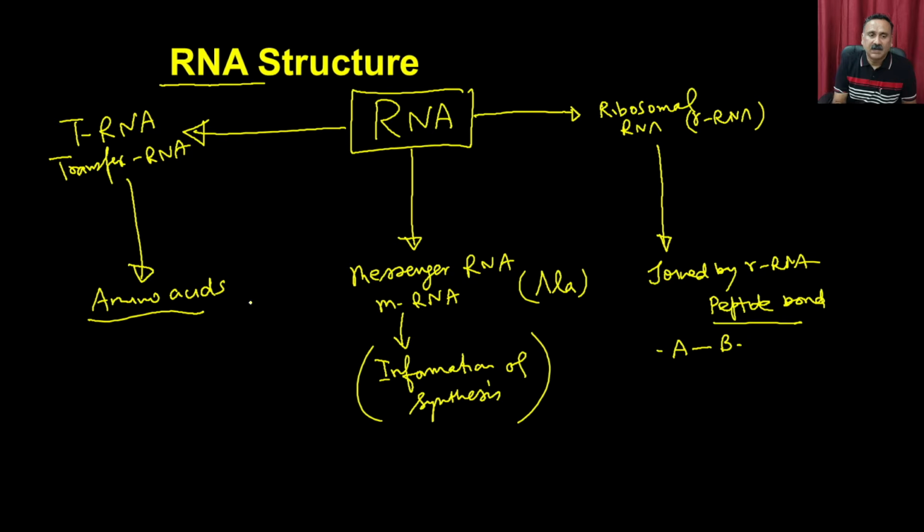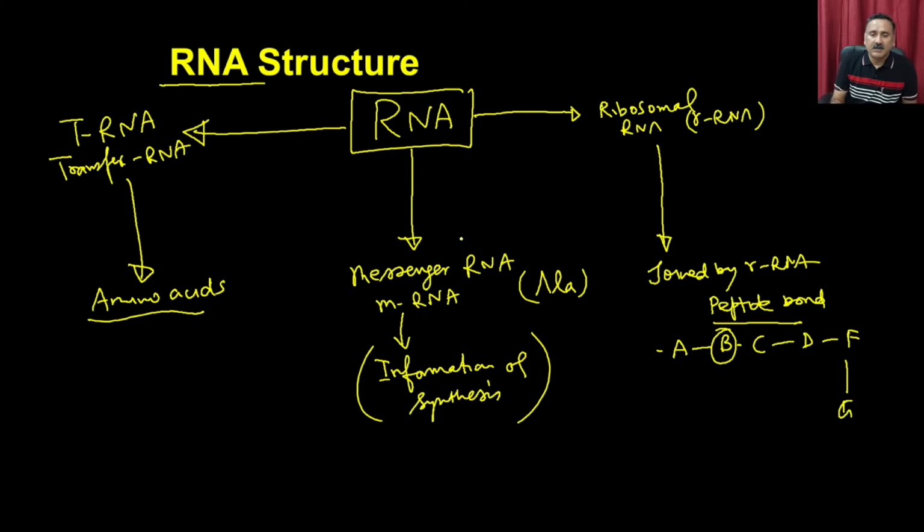Then the transfer RNA is going to bring that particular amino acid, and the ribosomal RNA is going to collect the information from the transfer RNA and messenger RNA, and that's how it is going to join the amino acids by the help of a peptide bond. And that's how you are going to have the sequence. Okay, so this is just alphabets actually. There's no amino acid with the B, right? And so on.